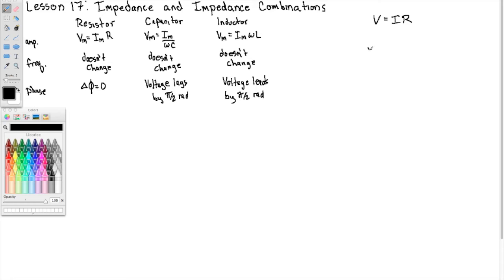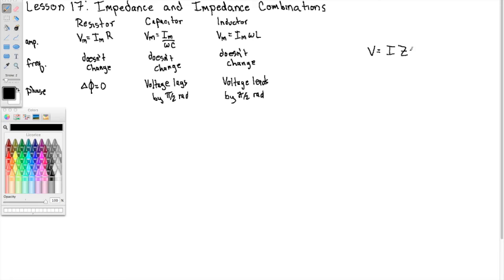You know, maybe I could use an equation, maybe not R, but some constant, we'll call it Z, where if I knew this Z, I could just use this equation. That would be really nice. Can I do that? Can I just use this equation? Well, it turns out you can.